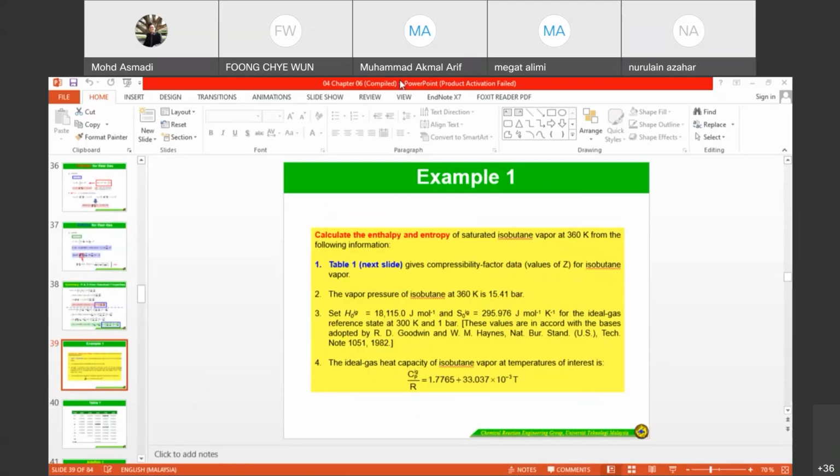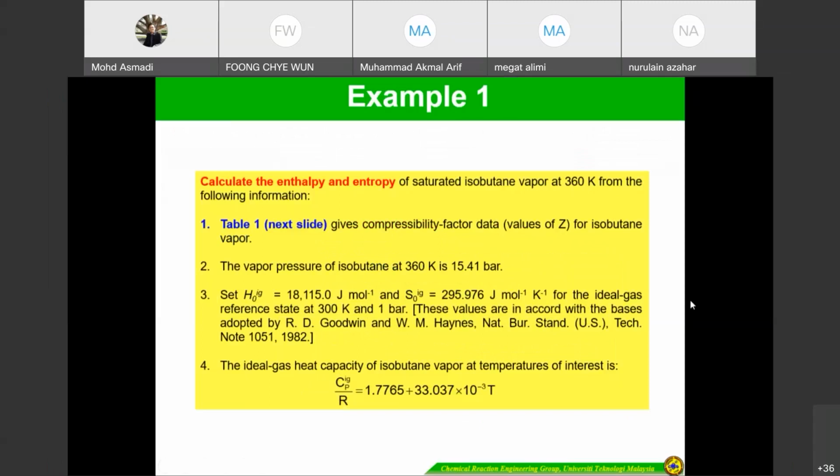So if you look at here, calculate the enthalpy and entropy of saturated isobutane vapor at 360 Kelvin from the following information.